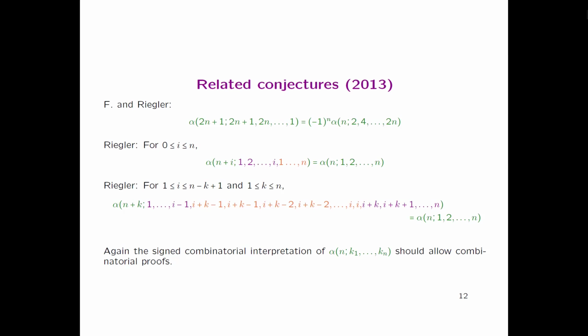And that's also open. And again, you could try to prove this with the combinatorial interpretation that we have. It's actually a signed combinatorial interpretation. It's not an unsigned enumeration. There is a sign involved, but it's totally combinatorial. So in a way, one could try to prove this like this.